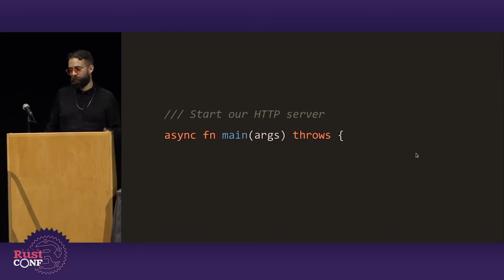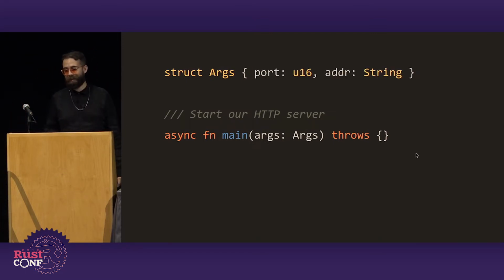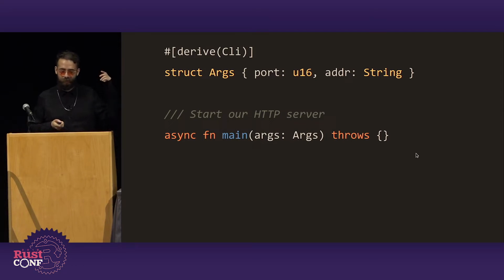Then we need input to our application, so we define some input arguments, args of type Args, which we're defining up there. It's an HTTP server, so we need a port and an address, and we say, let's turn this into a CLI. So we derive something from crates.io, which implements CLI.